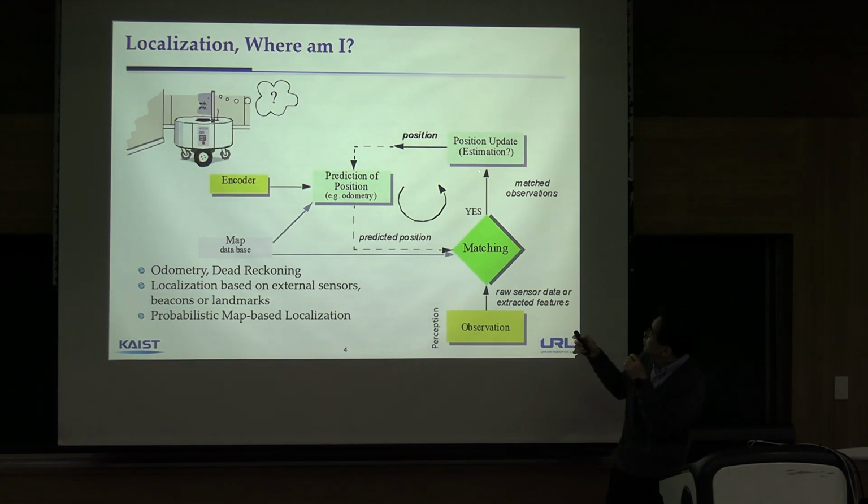So the estimation will be updated, and the position will be updated, and it will be fed back. And if the robot moves again, then we utilize this encoder information to update the position. And also we have the new observation, so we match them together, and again we update the position. So this will be iterated over time.